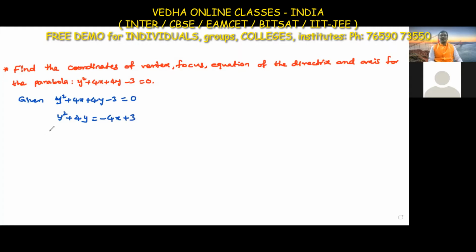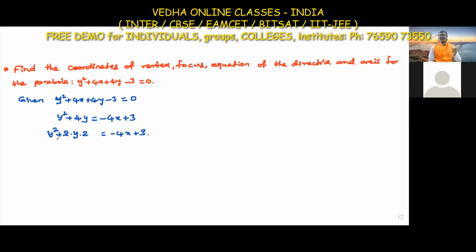Now I am writing this y square plus 4y into a square plus 2ab form. This is equals to minus 4x plus 3 as it is.